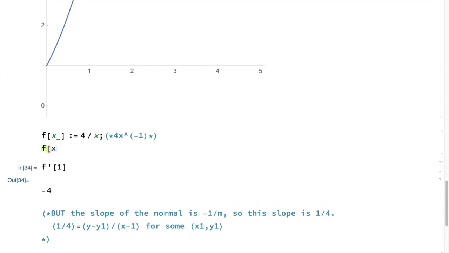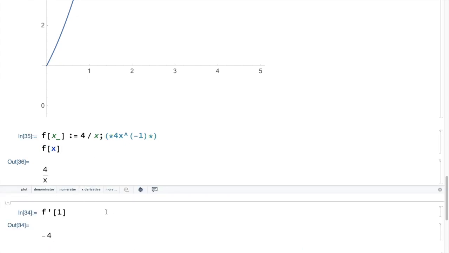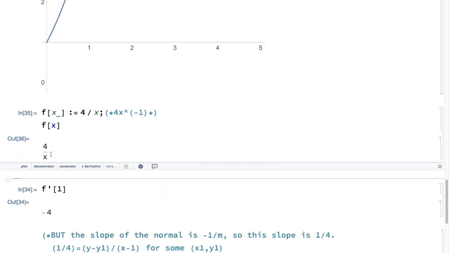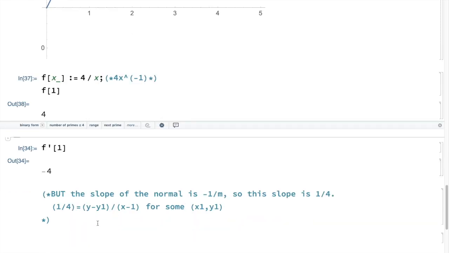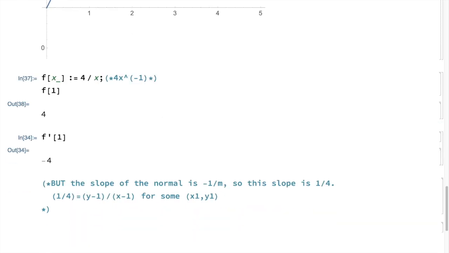Well, remember, f of x is equal to 4 over x. If I plug in a positive 1 there, I should get a 4. Yep, pretty good. So why don't we type in a 1? And we're good. So let's start doing our good algebra here. So this is just going to be 1 over 4 times x minus 1 is equal to y minus 1.